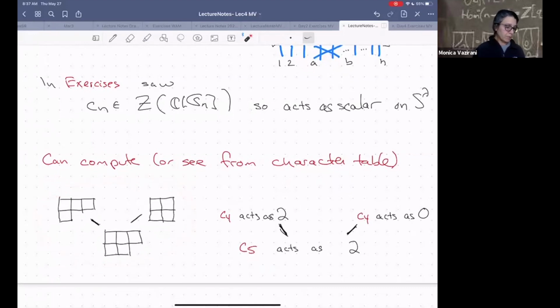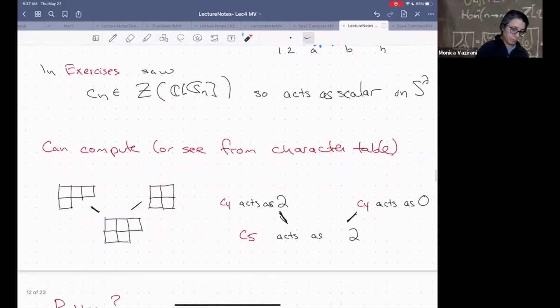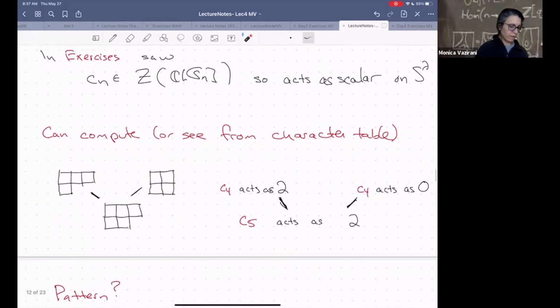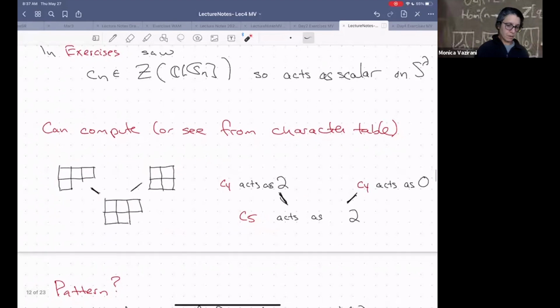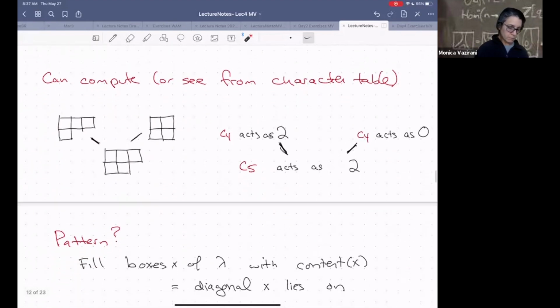I claim the scalar, so I would look at C5 in the center of S5, acting on this simple for S5, and I would just compute how C5 acts on this. Up here on this level, these are S4 representations, so I care about how C4 acts: C4 acts as 2 on this one, and as 0 on this one. What's the pattern, and why do I care about the scalar?